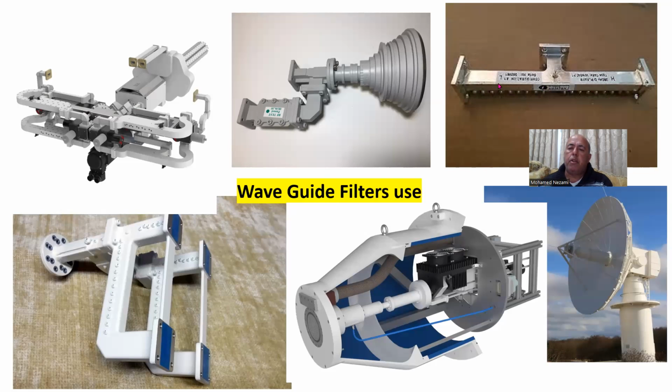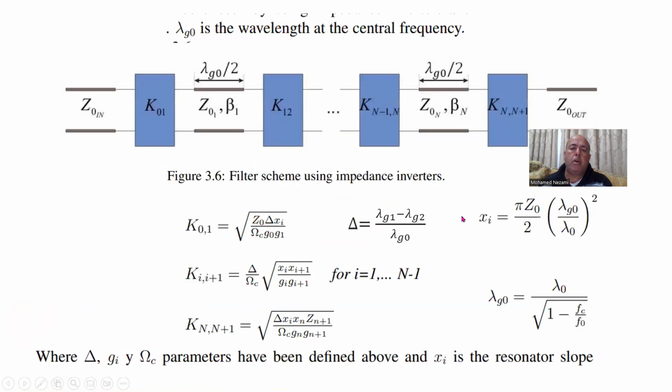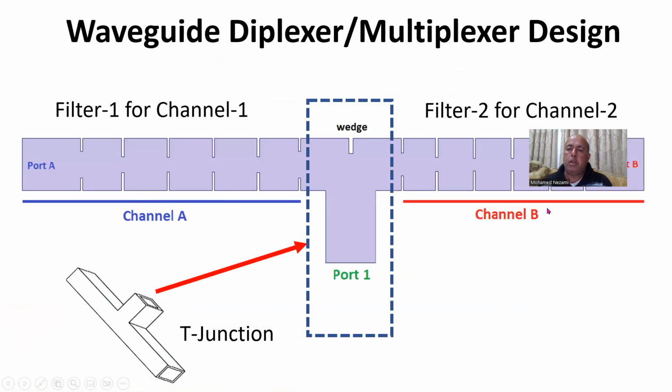So we have a filter in here, a filter in here, and since this is 50 ohm, this is 50 ohm, this is 50 ohm, you design these separately, and then you design a T waveguide junction, 50 ohm in, 50 ohm out, and then glue it all together to make up a diplexer, just like you have in this case in here.